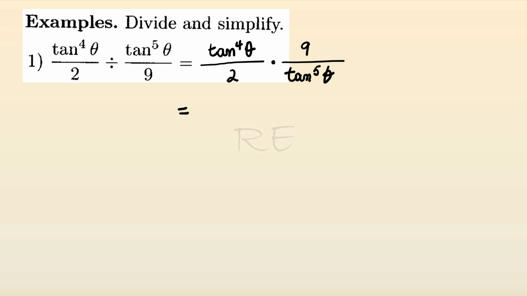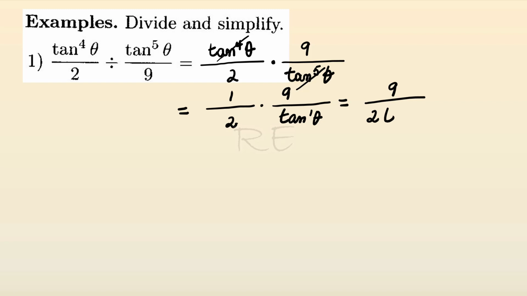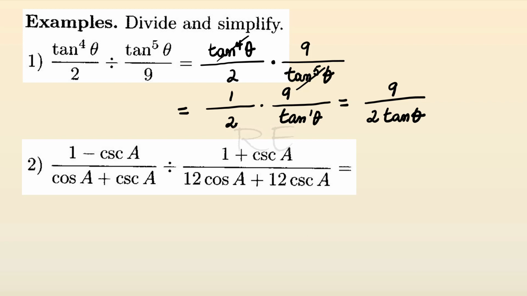Now tan fourth over tan fifth. 5 minus 4 is 1, so we get tan 1 theta and 1. 2 and 9 have nothing in common, so we keep them as they are. 9 times 1 is 9, and the denominator is 2 tan theta.